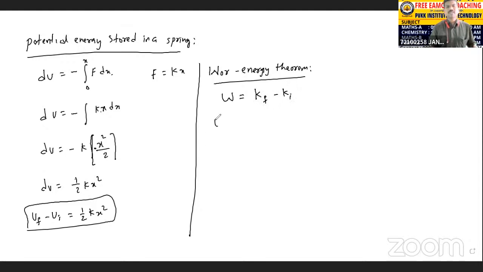W is equal to half mv square minus half mu square. This represents the work energy theorem.